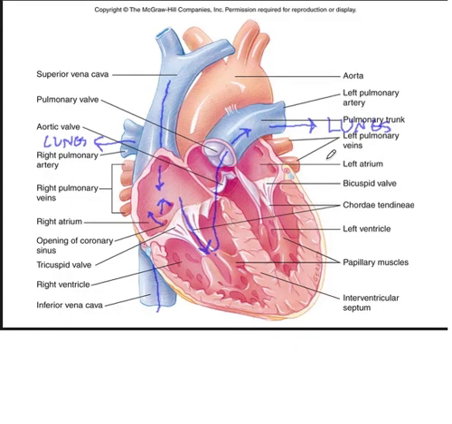That oxygenated blood is going to then come back from the lungs through the left and right pulmonary veins. There's a pair on each side of the heart.